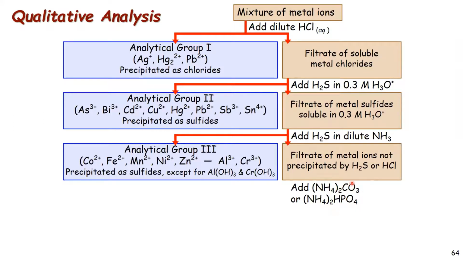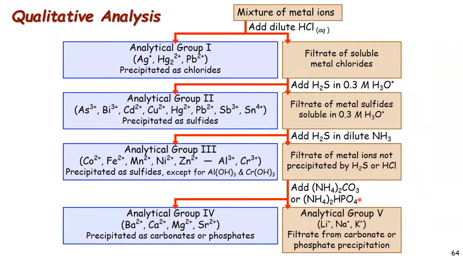I don't need to add both. I'm going to get the same results. So I'm now going to precipitate out the barium, calcium, magnesium, and strontium, because those carbonates and phosphates are insoluble. And now all I'm going to be left with are rule number one, those group 1A metal salts: lithium, sodium, potassium, rubidium.